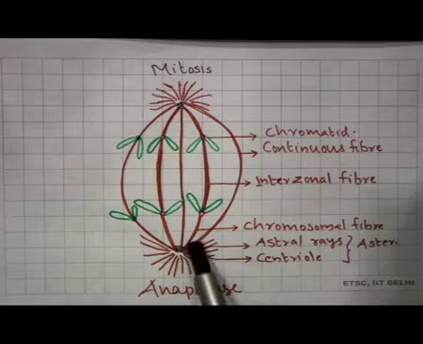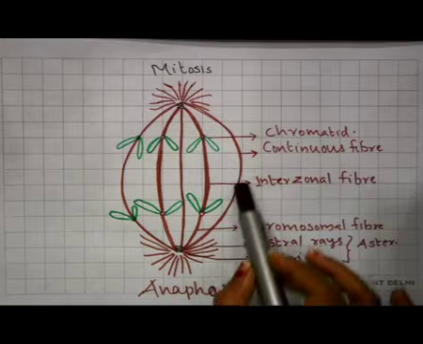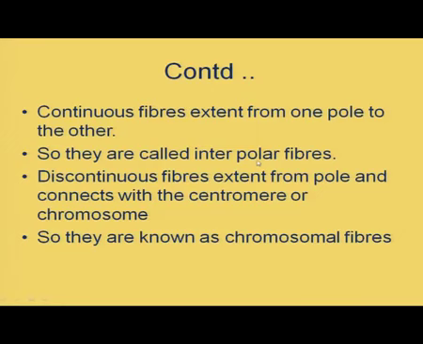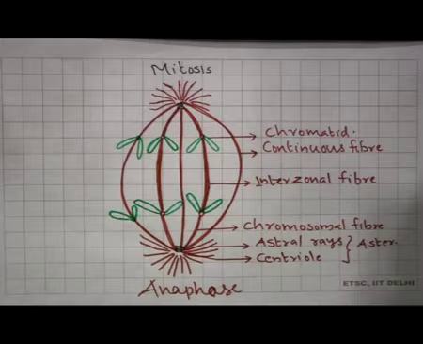Here you can see continuous fibers moving from one pole to the other. So, they are called interpolar fibers. Inter means in between. So, in between the two poles, in between the two centrioles, you can see this particular fiber moving. So, it is known as interpolar fibers.